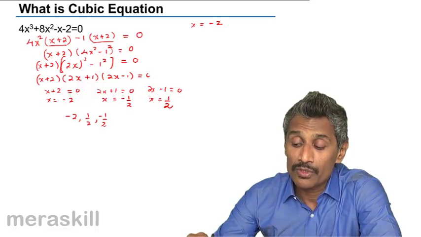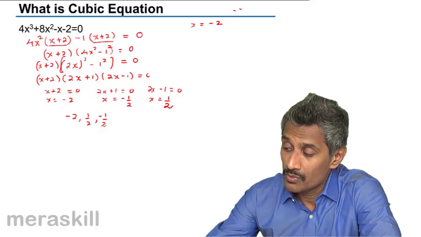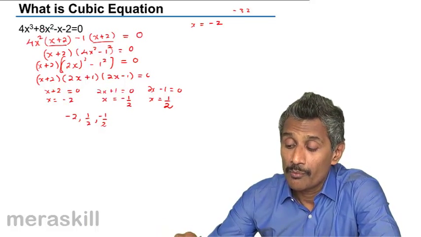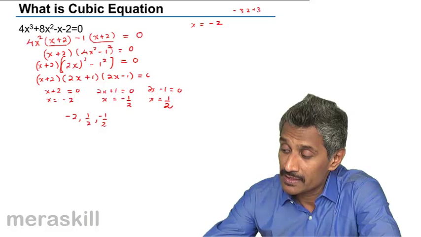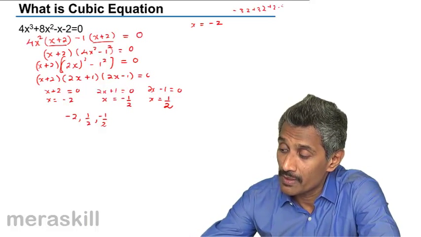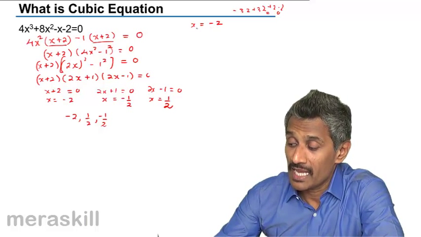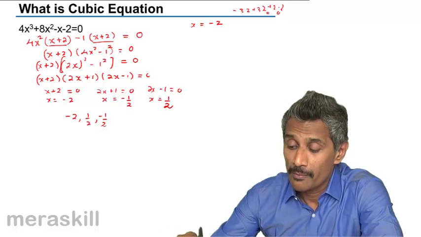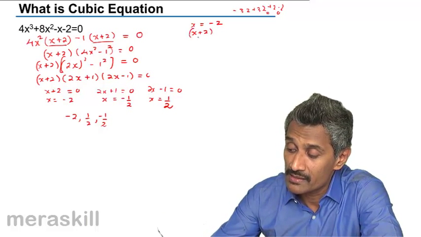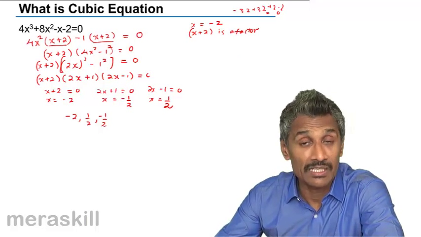You'll end up getting 4 into minus 2 cube, that is minus 32, and 8 into minus 2 square, that is plus 32, minus x, that is minus of minus 2, plus 2, minus 2. So this whole thing turns out to be 0. That means x equal to minus 2 makes this expression 0. That means x plus 2 is a factor. It is definitely a factor.